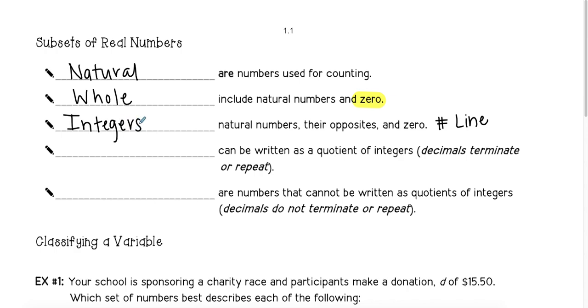Okay, next one can be written as a quotient of integers. In other words, quotient of integers means fraction. So when something can be written as a fraction, then that is rational.